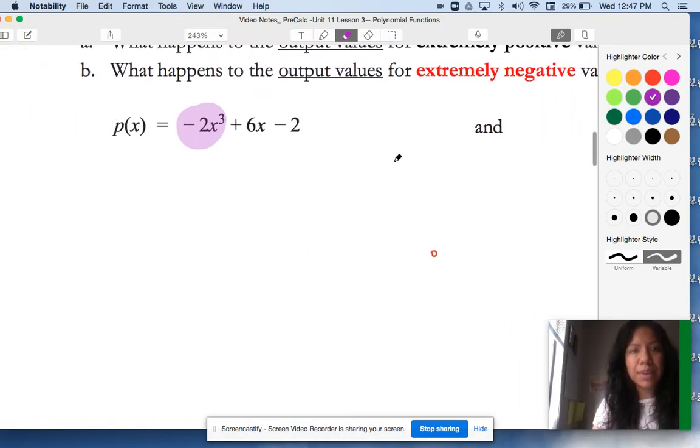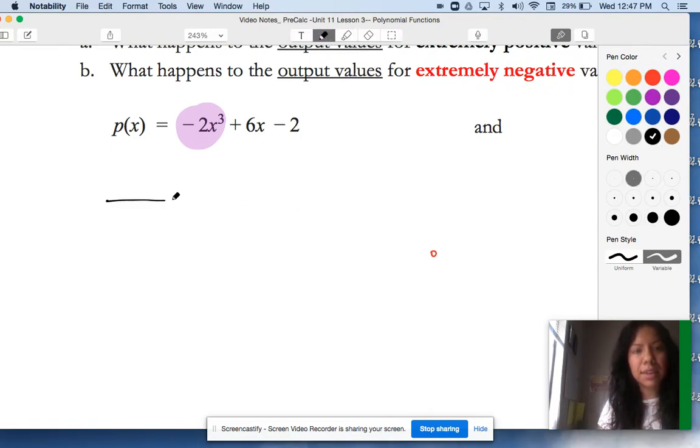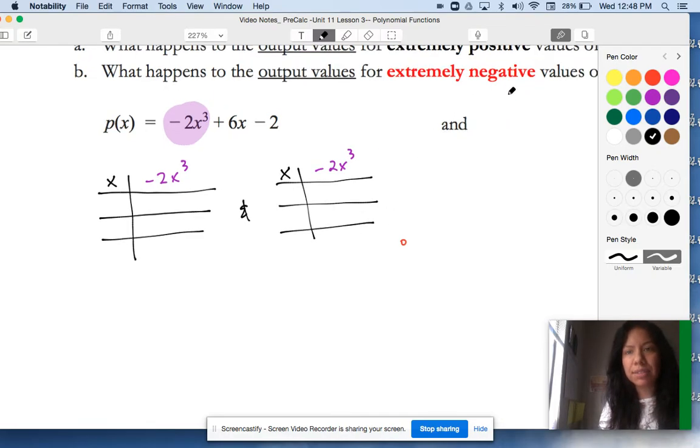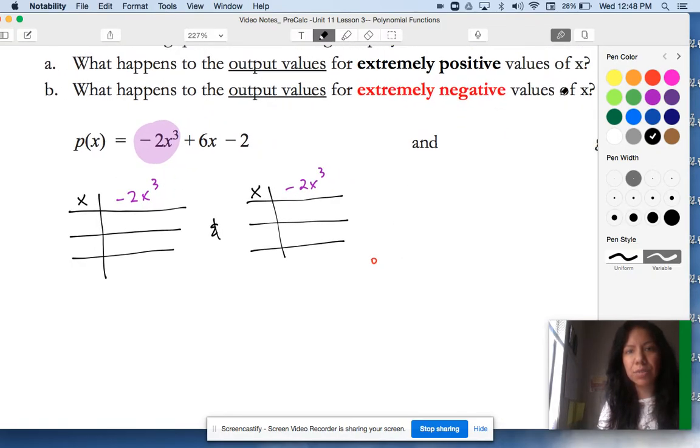We're going to make a table to help us organize our thoughts in identifying the highest power. We're going to make 2 tables. x will represent our input, and then we're going to write negative 2x to the third as the term with the highest power. Then we're just going to randomly pick extremely positive values for x and extremely negative values for x.